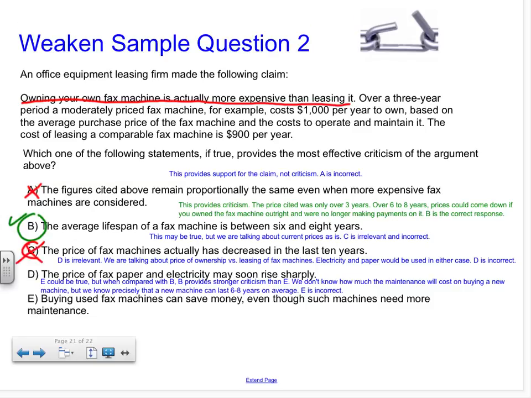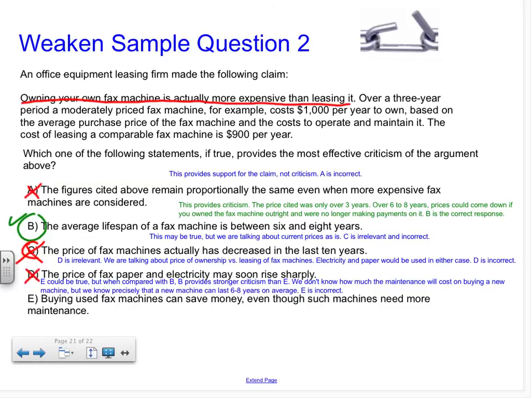D, the price of fax paper and electricity may soon rise sharply. This could again be very well the case, but both fax machines, either lease or purchase, are going to use electricity and paper. We're focused on ownership versus leasing costs. So D is also incorrect.